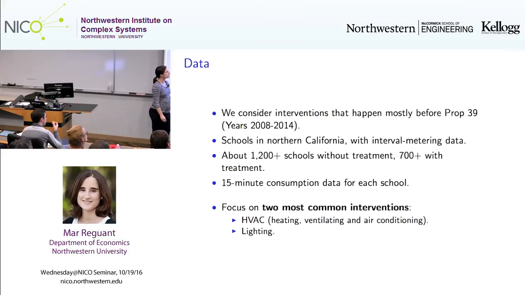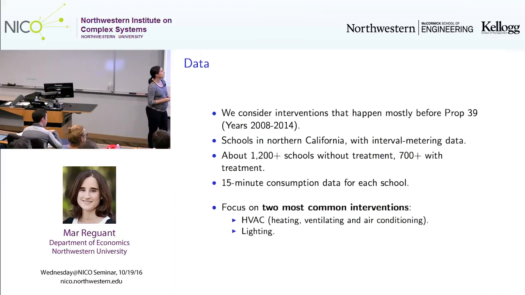So again, for the most part, it will be before this Prop 39, but we hope that at least this could be useful going forward. We have about 2,000 schools in our sample. Potentially, there are many more. In California, the population is about 10,000. The reason we have 2,000 is because we focused on a particular utility that's working in the north of California.